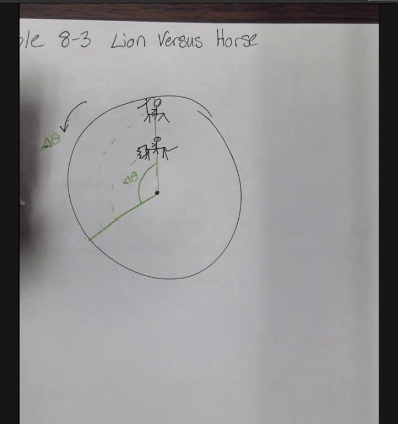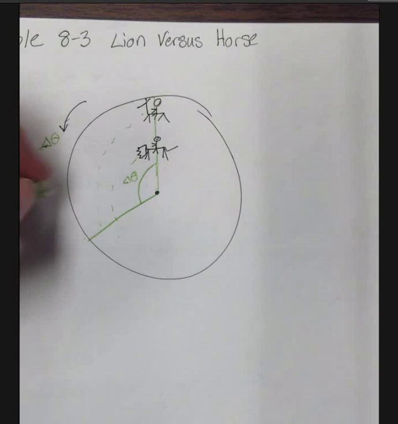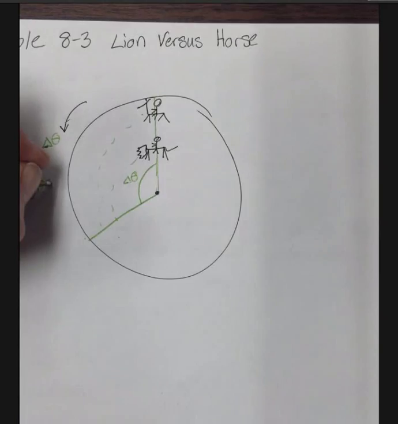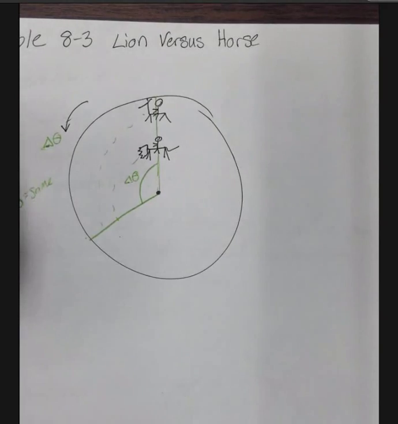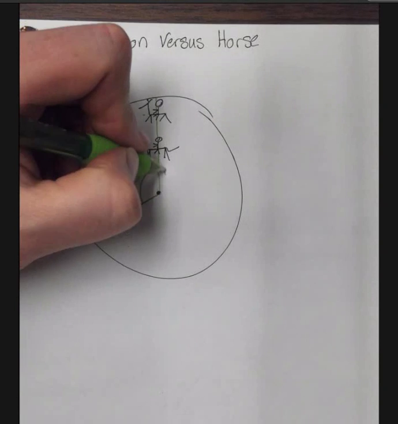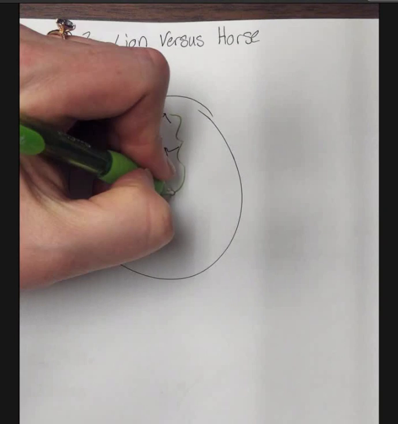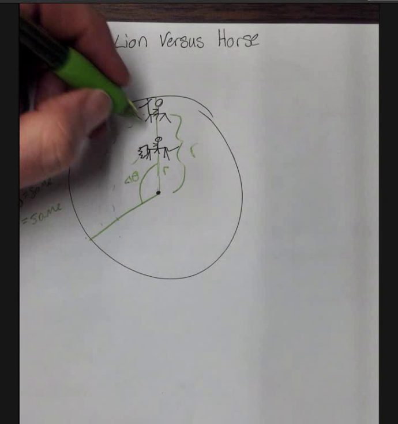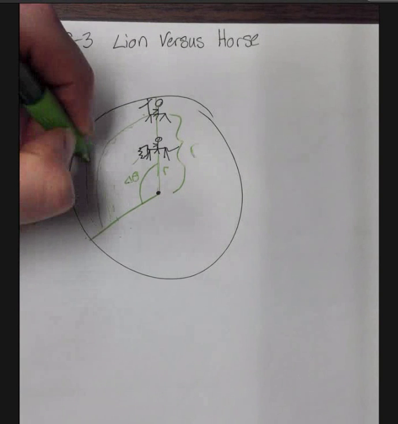That means their angular velocity is going to be the same. Their theta is also the same. But this child has a small radius and this child has a larger radius, so this child covers a much larger path length than this child.